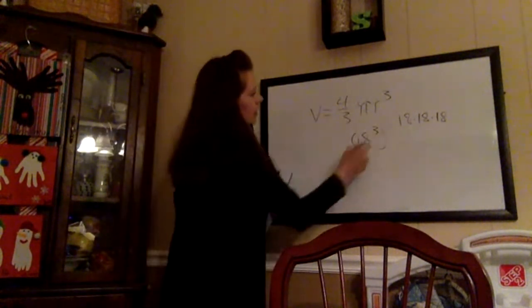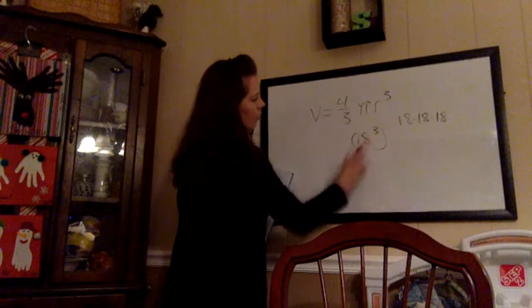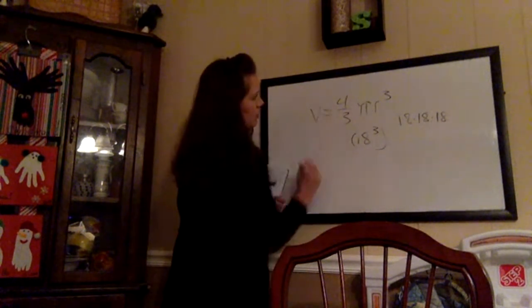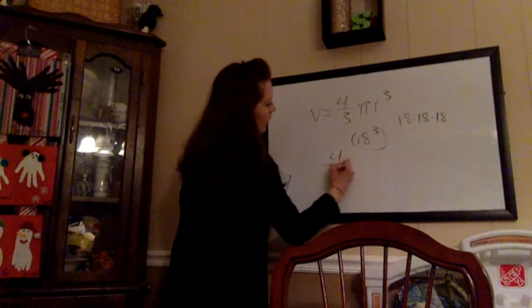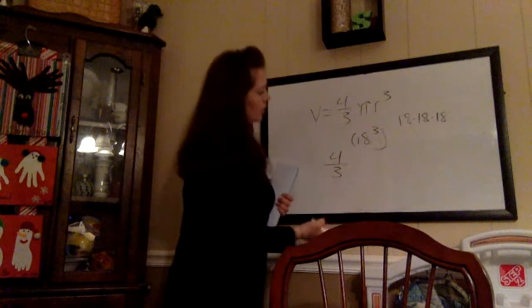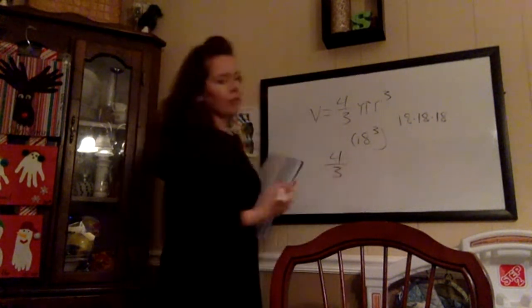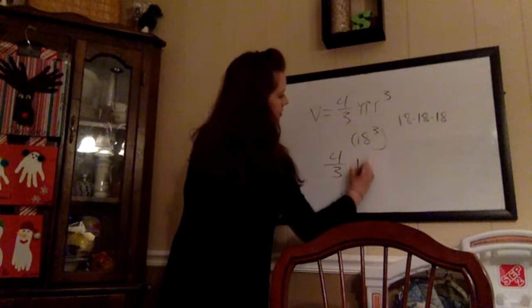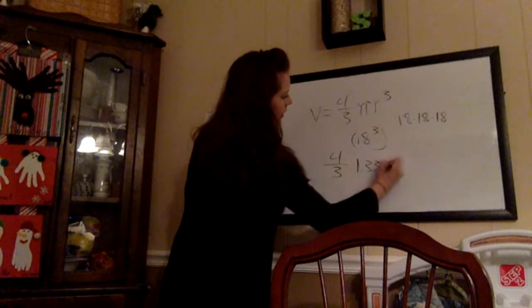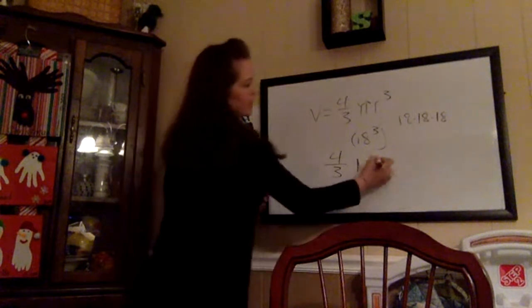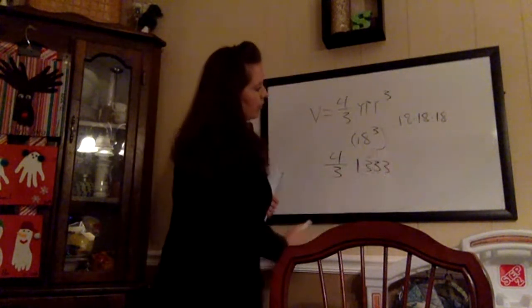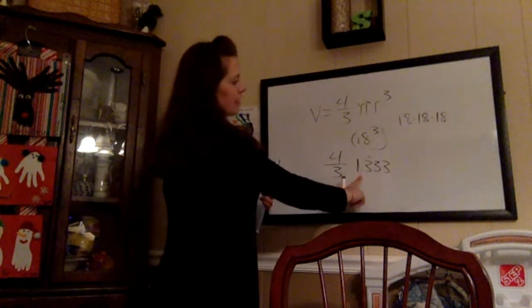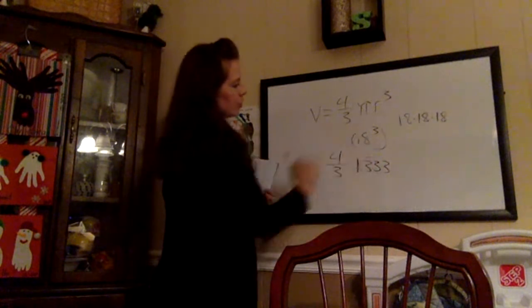Okay? So then after you do this part, whatever your answer is, you're going to multiply it by 4 over 3. So 4 over 3, if you want to put the decimal version, you could put 1.333. It's repeating. So it's 1.3 repeating. And you're going to multiply that times your answer of 18 cubed.